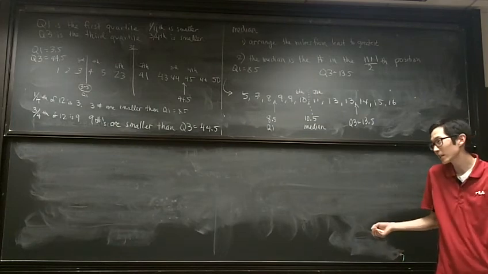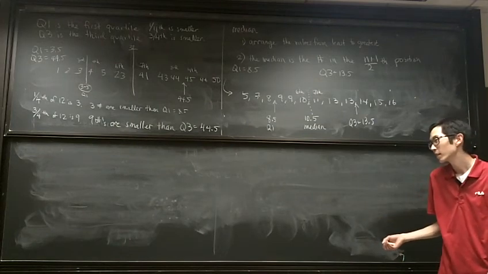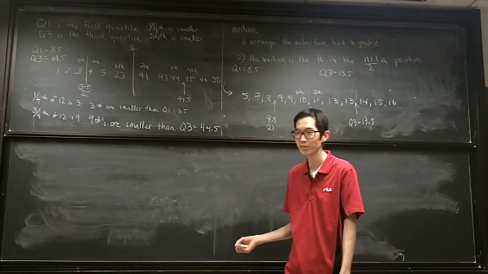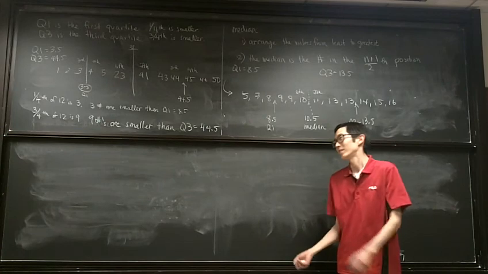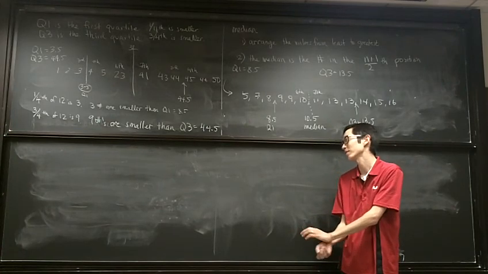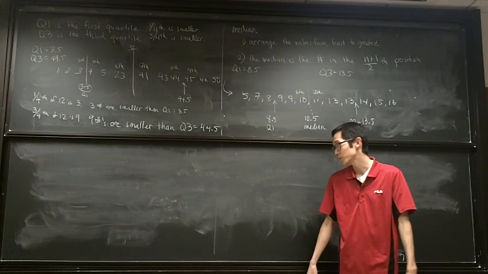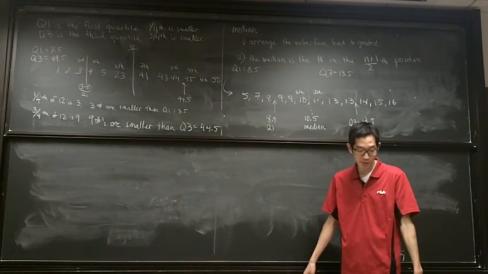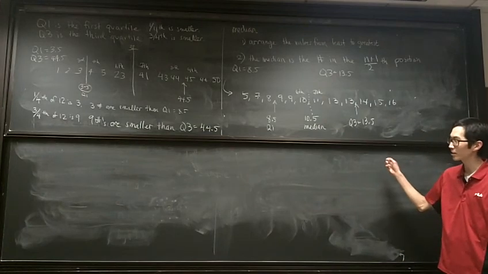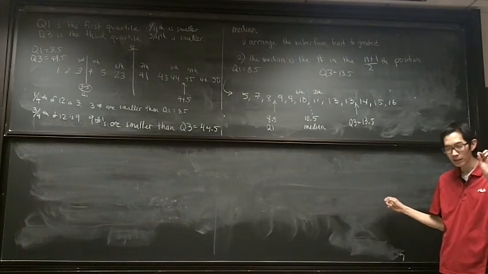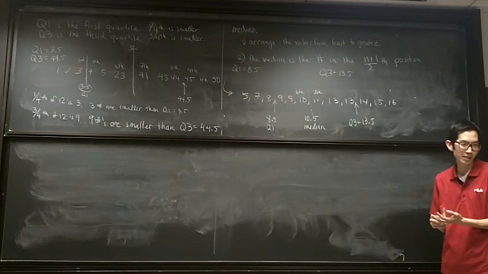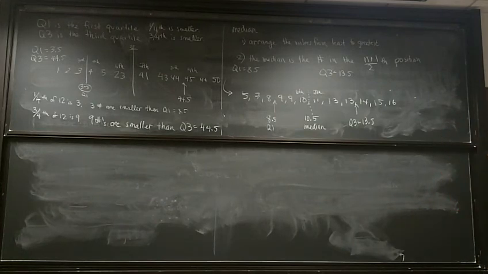Basically, depending on who you ask, finding Q1 and Q3 varies just ever so slightly when you have an odd number of numbers.